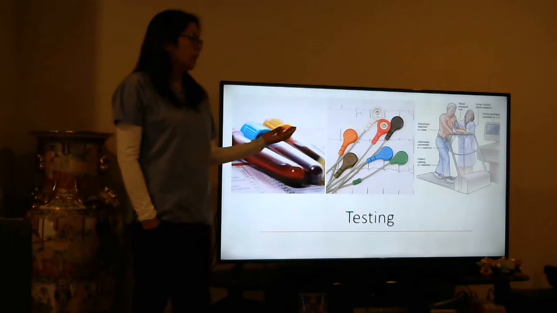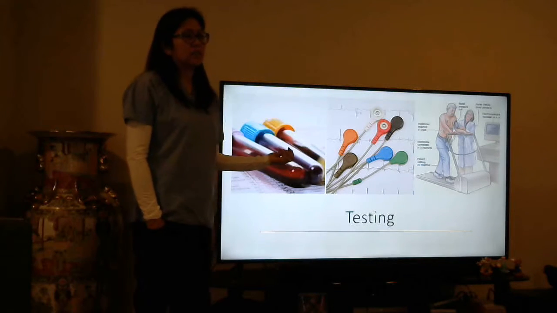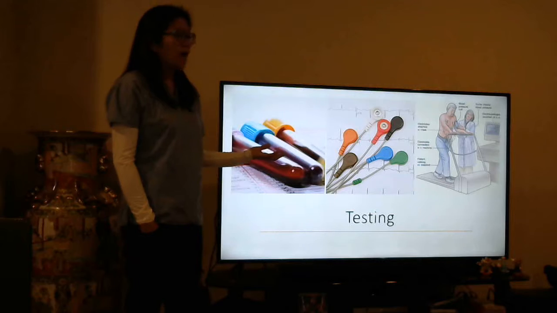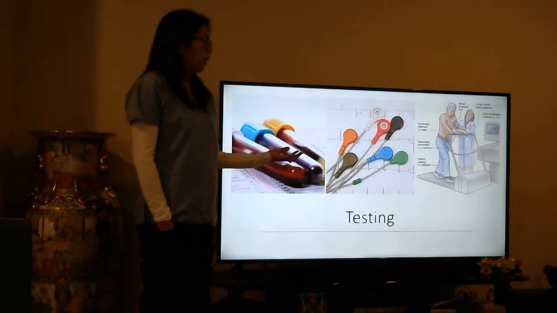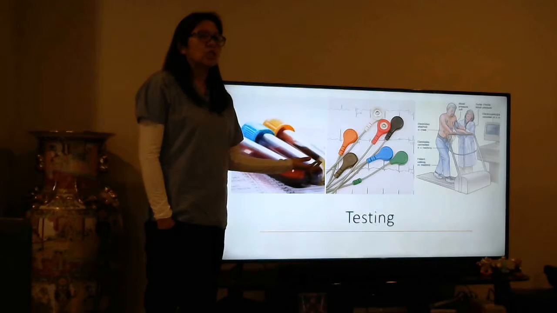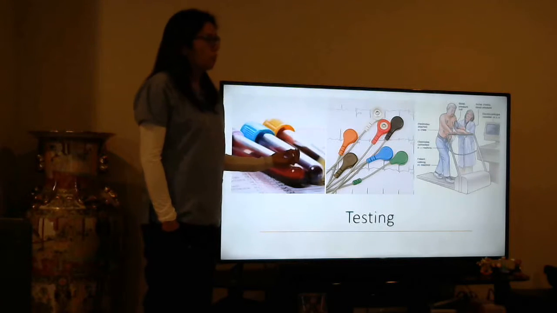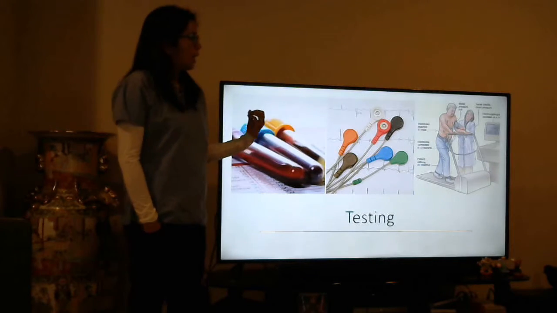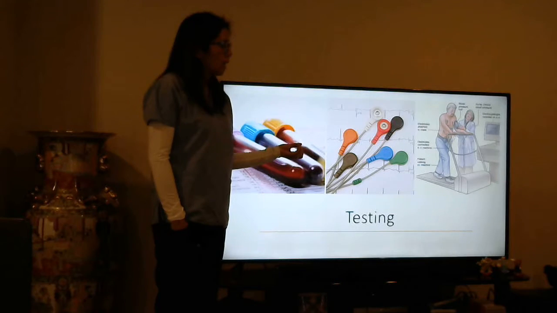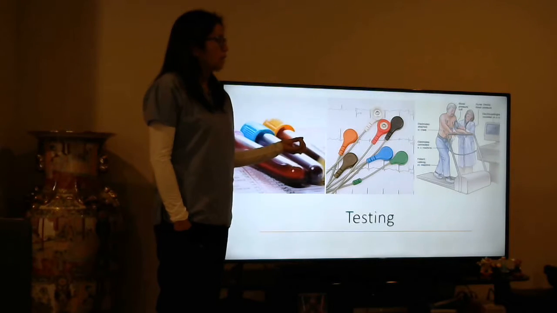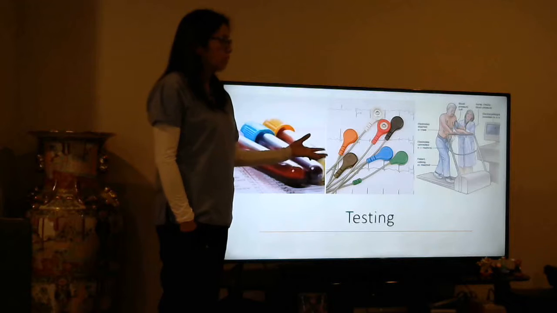We can also get EKGs done to check if there's any prior injury that has happened that we didn't know about. It'll be shown on the EKG. And then we can get stress tests done that measure both our blood pressure and our EKGs at the same time to see how our body is reacting to the stress of exercise.